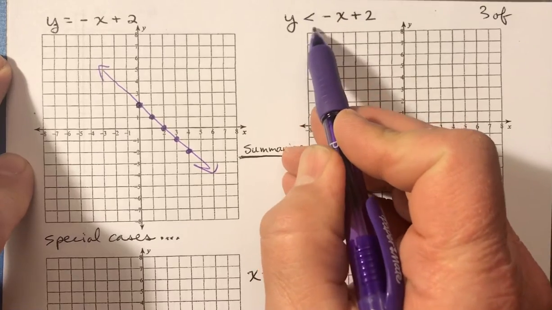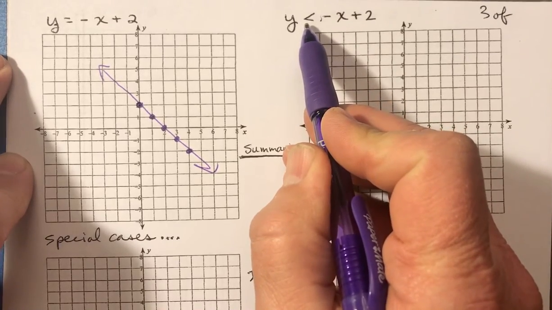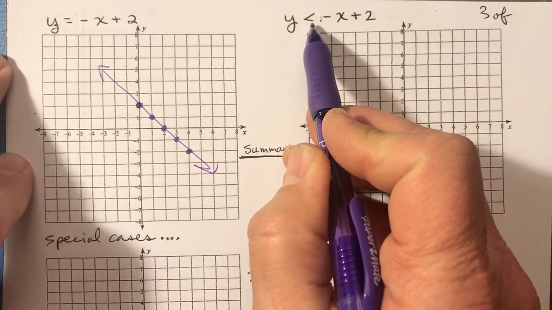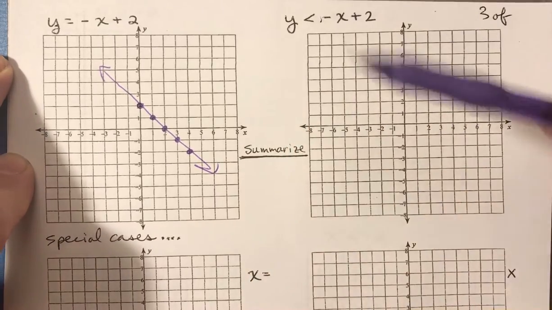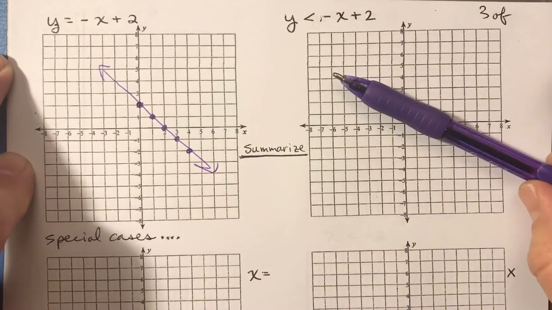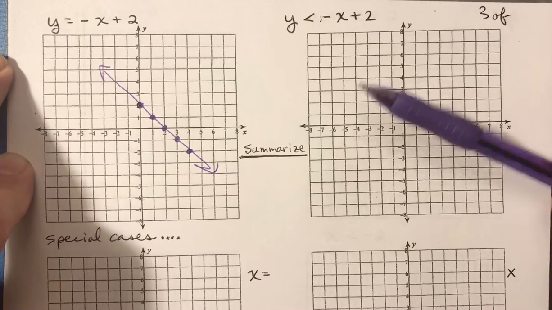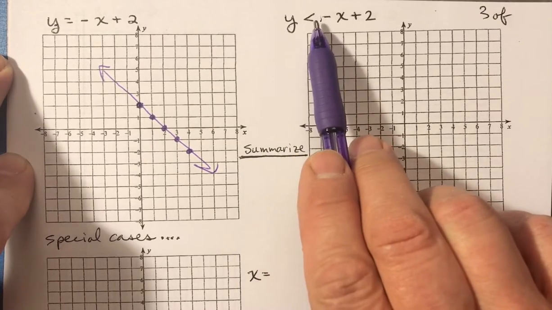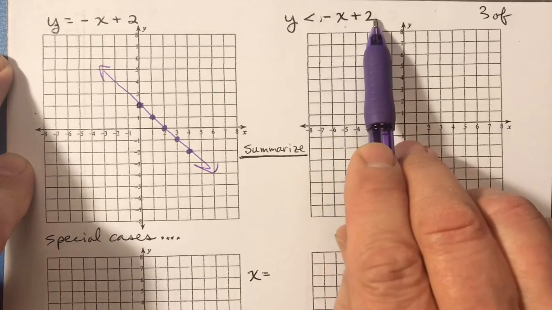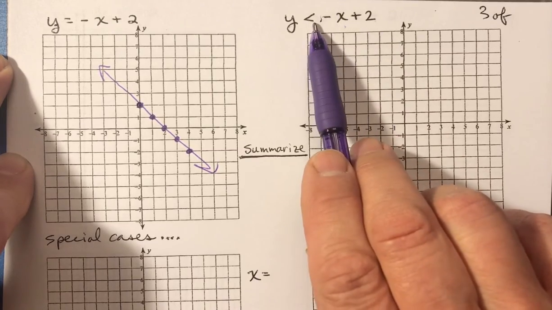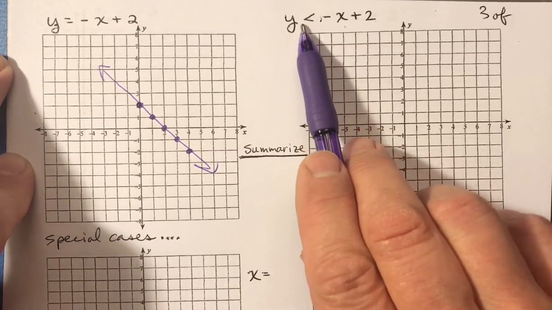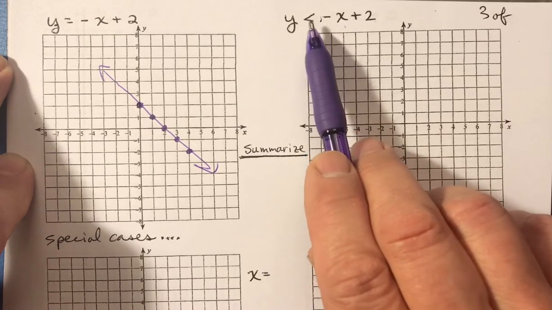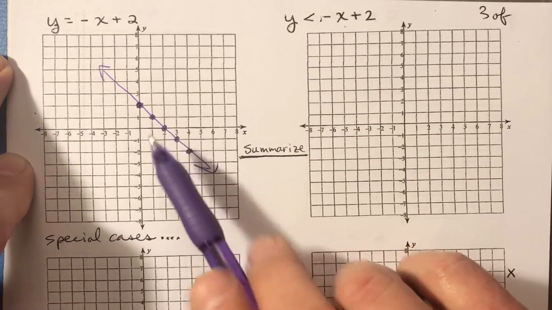Now, less than is going to be different than the greater than, because instead of shading above the line, we're going to shade below the line, because we want all y's to be less than the opposite of x plus 2. And as in the previous problem, when this is a less than, it's not including the line.